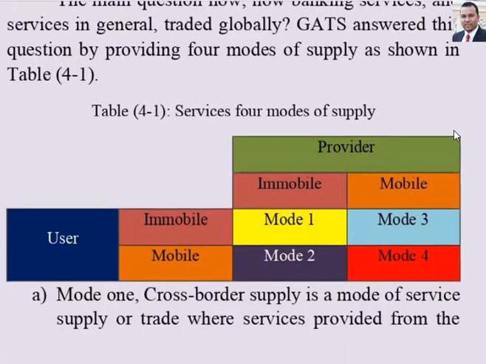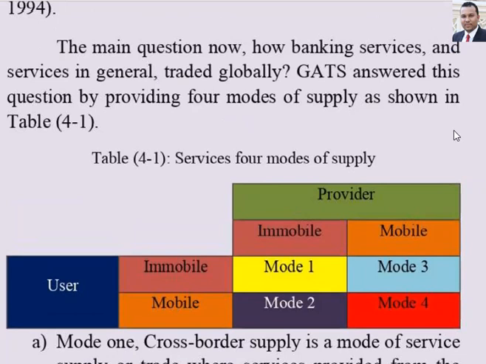The main question now: it's clear how you can import or export a product or a commodity. Yes, you can export or trade in a commodity when you transfer the product or goods from the port in the exporter country to the port in the importer country.